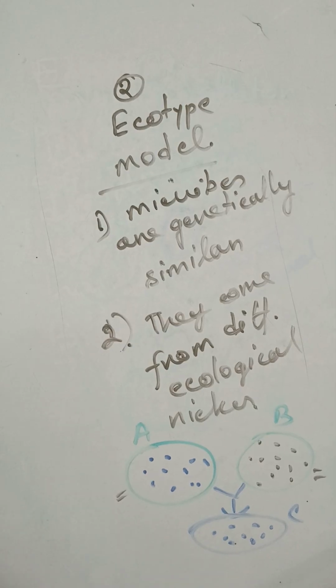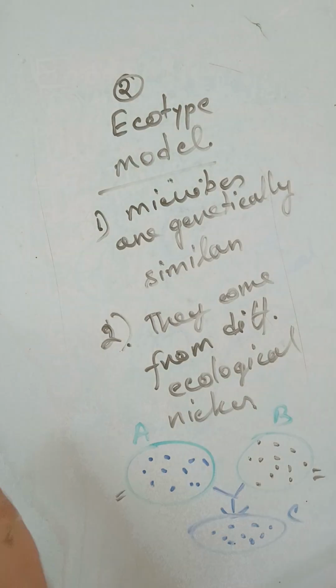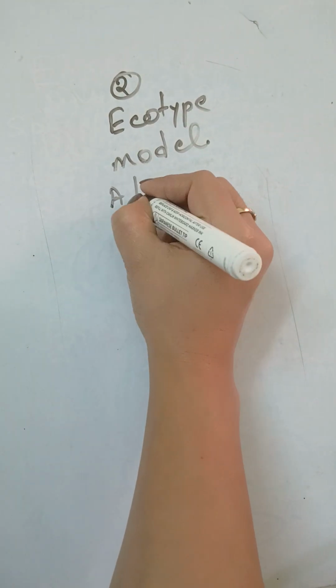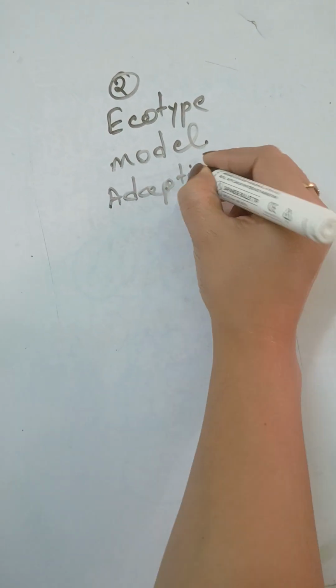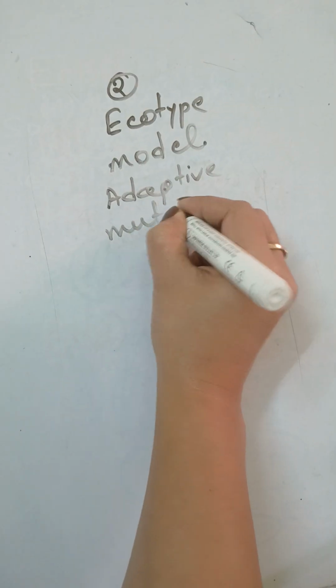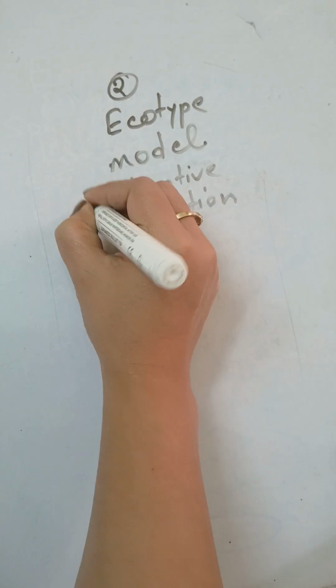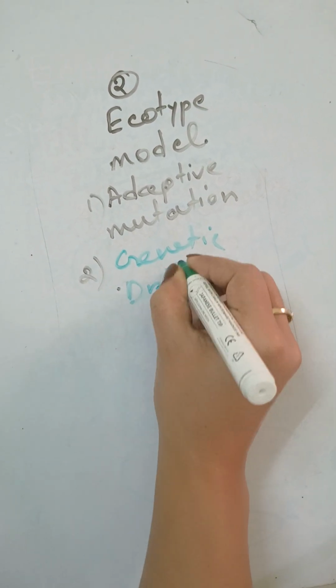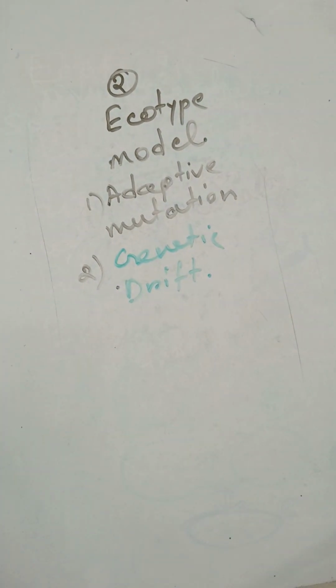Now in the case of the ecotype model, there are a few rules also. Mutations also occur in this ecotype model. So how does this mutation occur and what is the name of that mutation? Basically that mutation is known as adaptive mutation. Another thing is genetic drift, that is the random and small changes in the gene or genome.